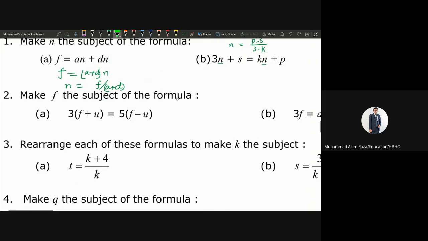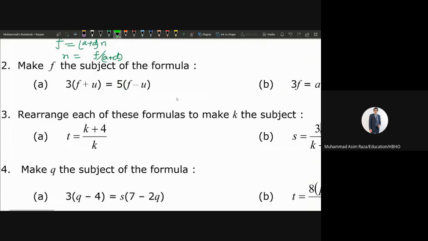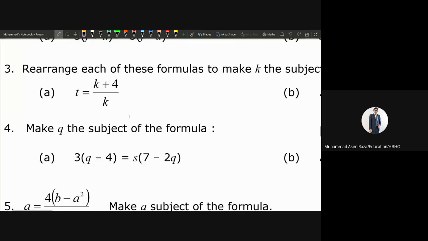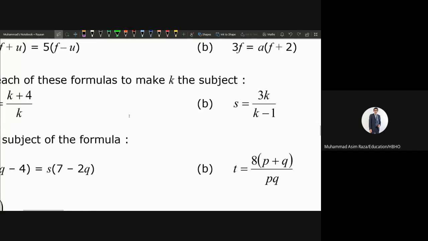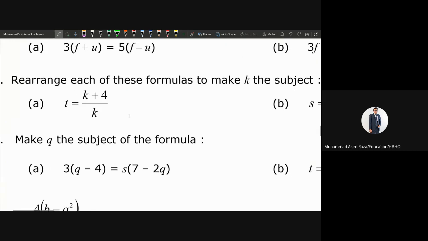Same is the question over here as well. I will rather move on to question number 3 because it contains some fractions as well. In all of these questions you have to make k the subject of formula. For example, if I will try the solution of part A, we have t is equal to k plus 4 over k. So I will take k onto this side so that we get a linear equation.